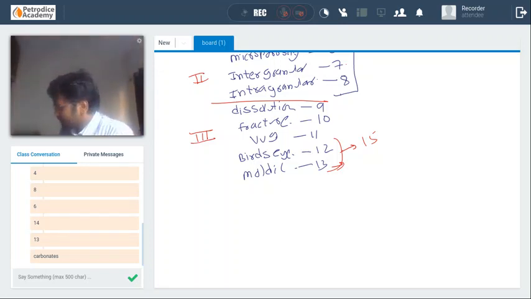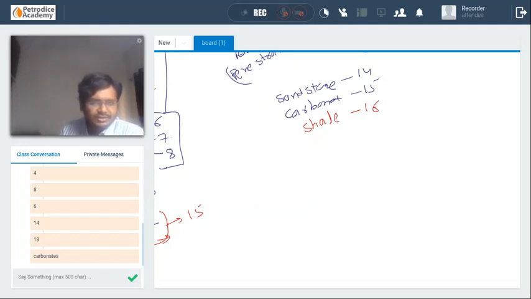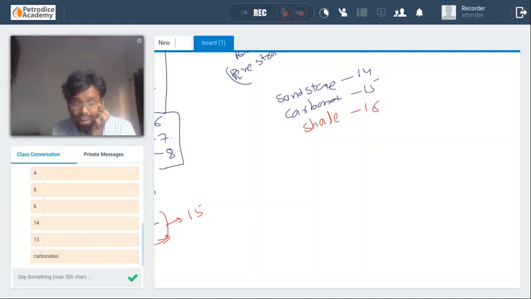So before going into that, guys, between 14, 15 and 16, which has the least effective porosity? Least effective porosity. You need to remember the order of different formations.